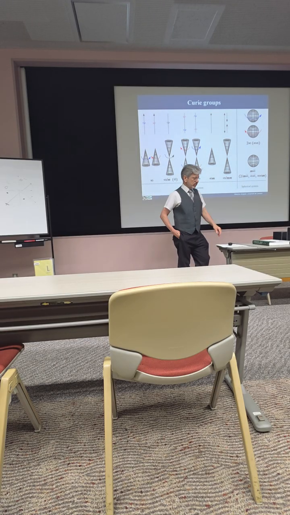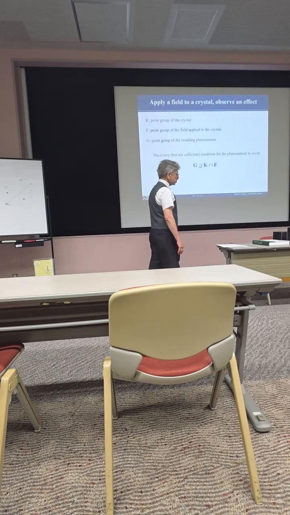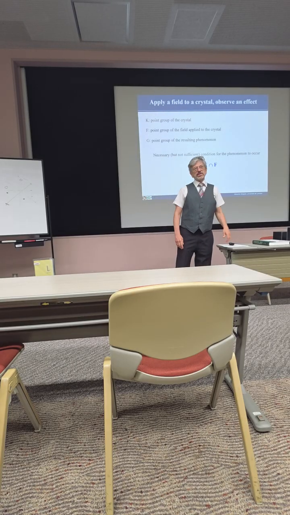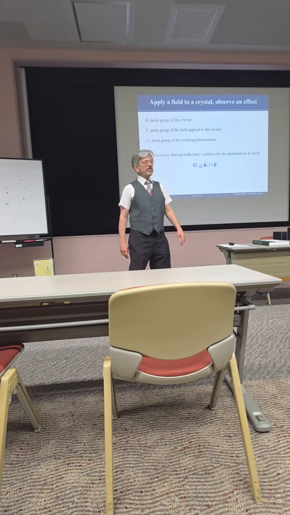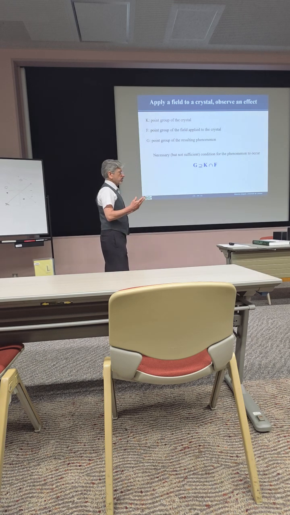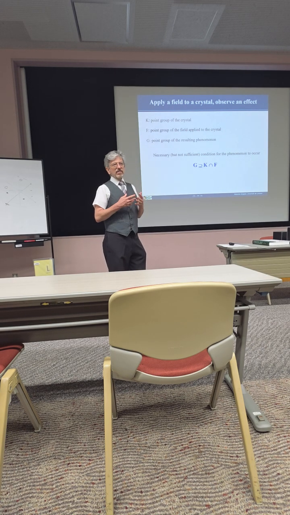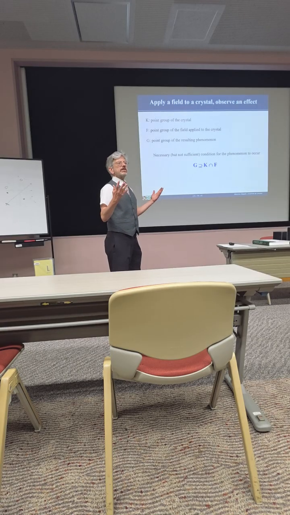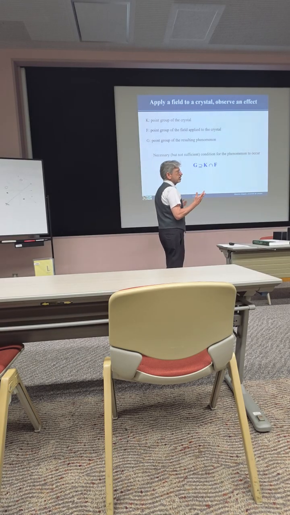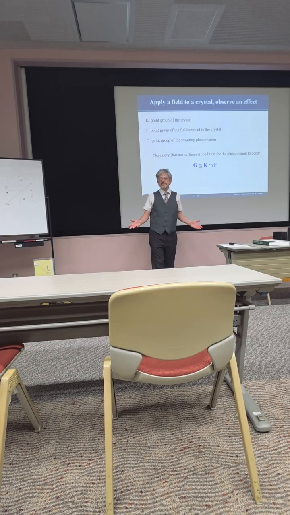And we have the Neumann principle, which says that the symmetry of the crystal must be compatible with all physical phenomena that you can observe with that crystal, which means that its point group must be a subgroup of the phenomenon that you want to observe.